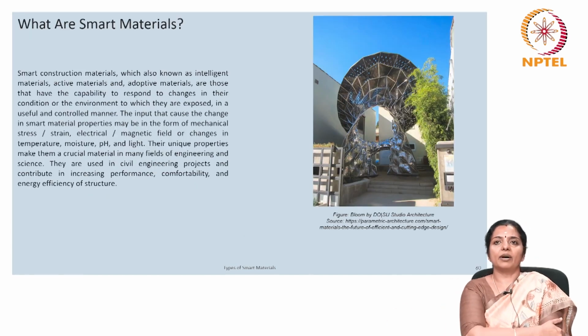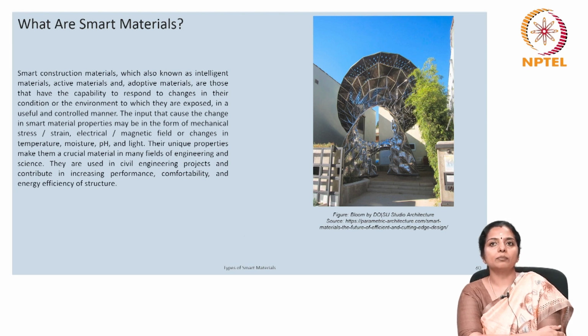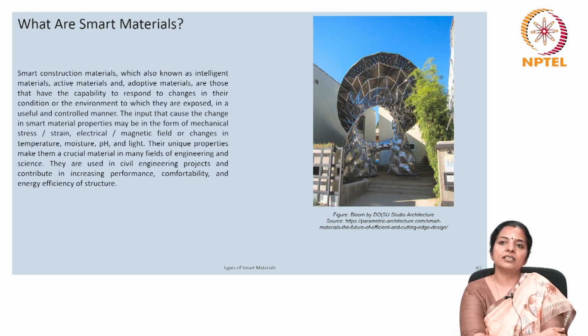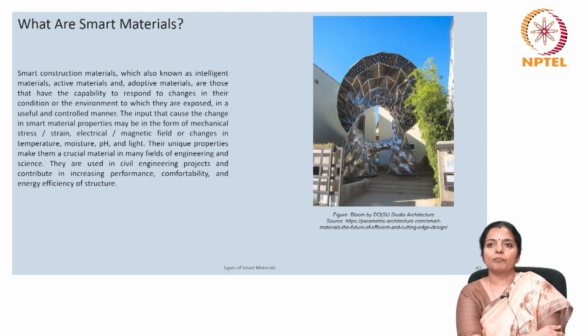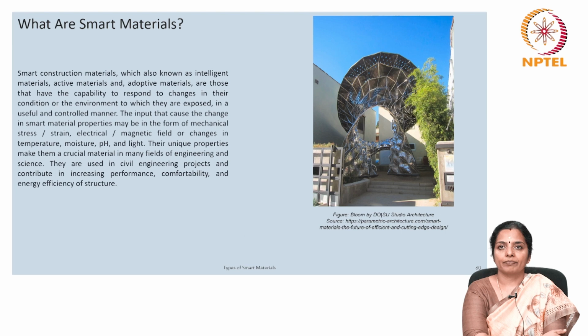So, what are smart materials? Smart materials are materials that are manipulated to respond in a controllable and reversible way, modifying some of their properties as a result of external stimuli such as certain mechanical stress or a certain temperature, among others.